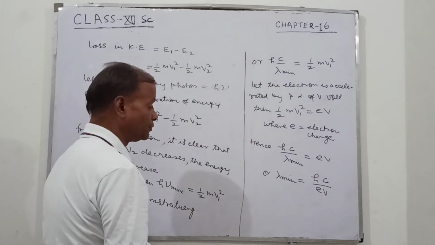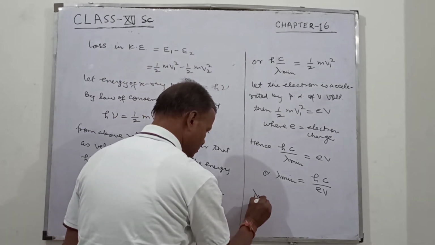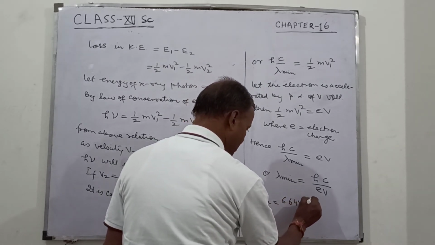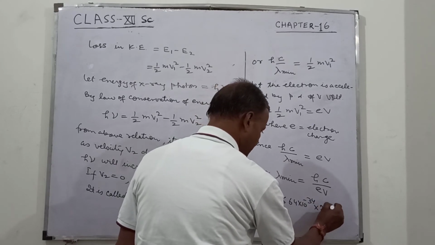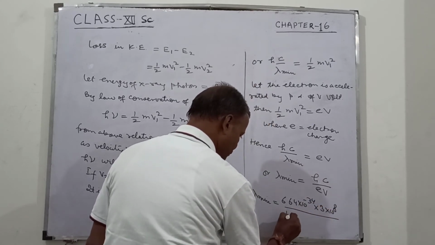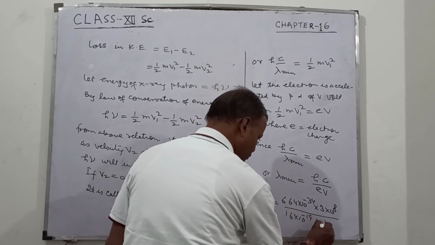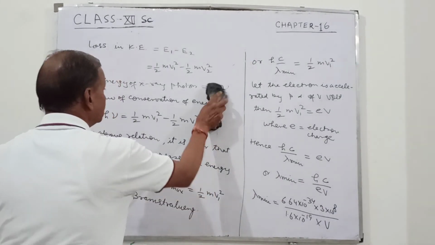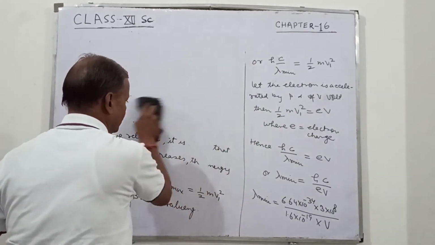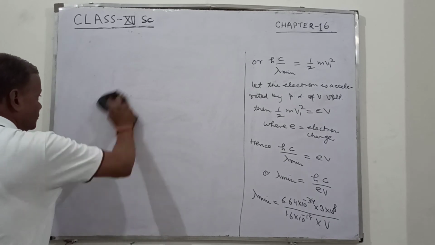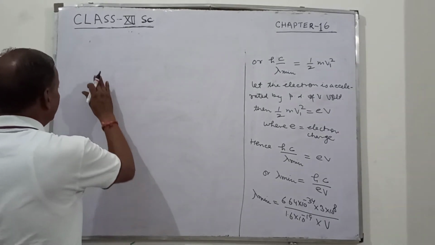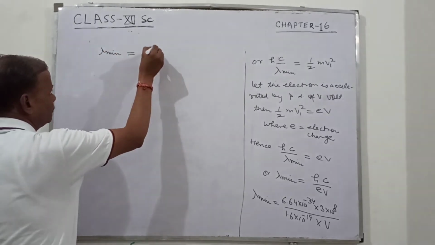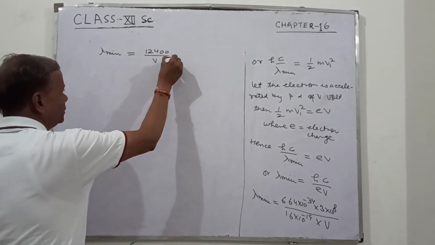Now if you put in the values of the constants, lambda minimum is equal to 6.64 into 10 raised to the power minus 34, into 3 into 10 to the power 8, upon 1.6 into 10 raised to the power minus 19 into V, and there you will find lambda minimum is equal to 12,400 upon V angstrom.